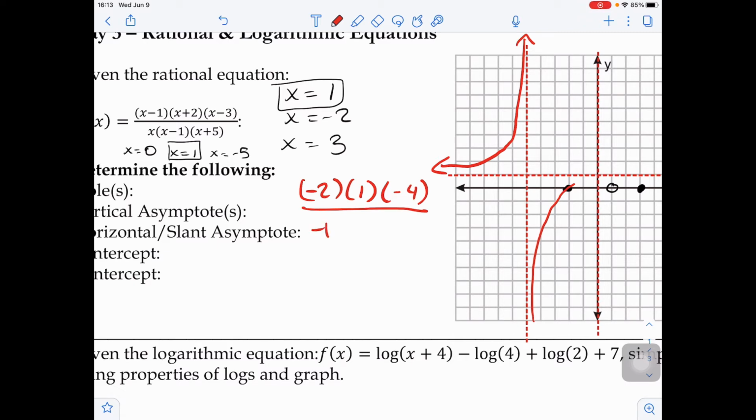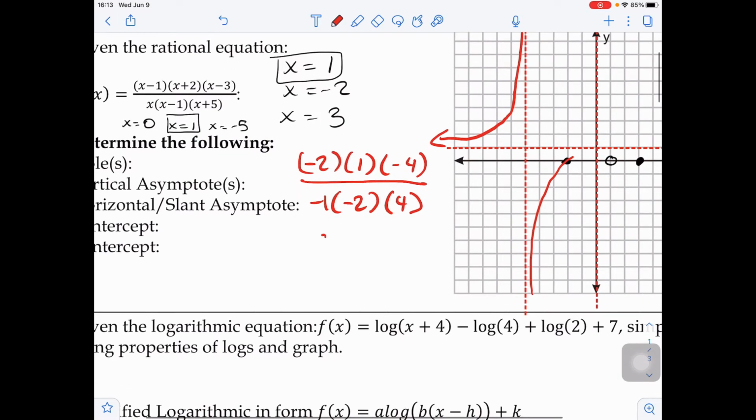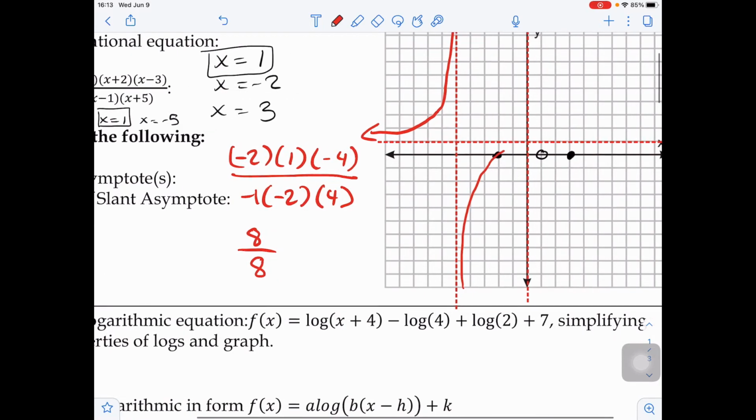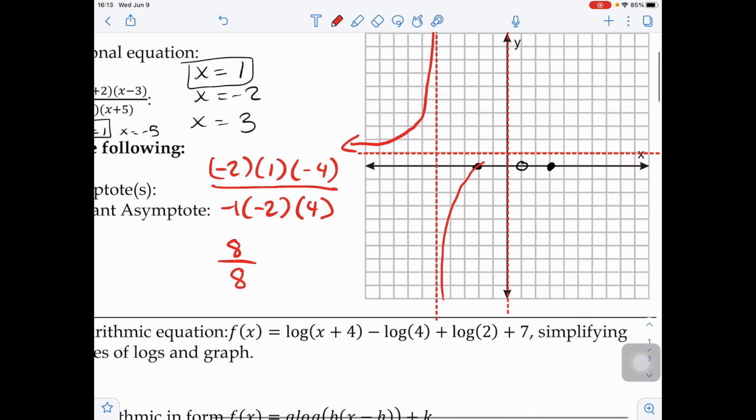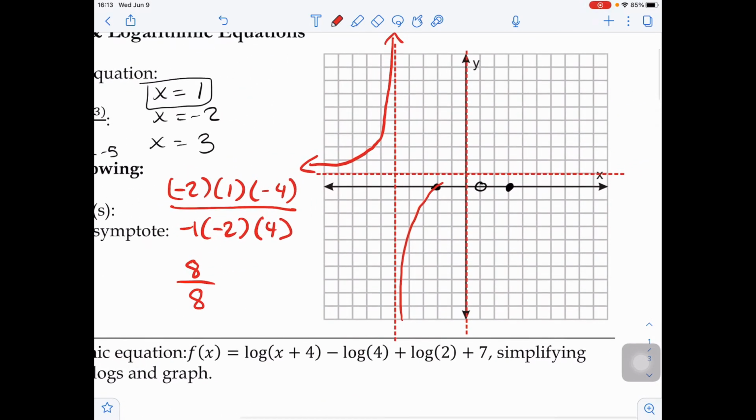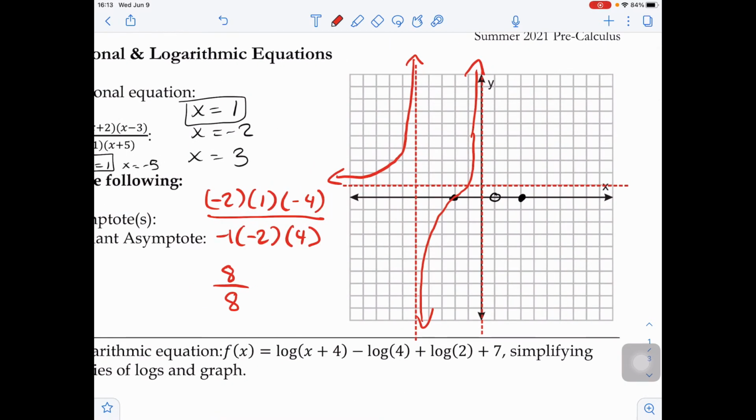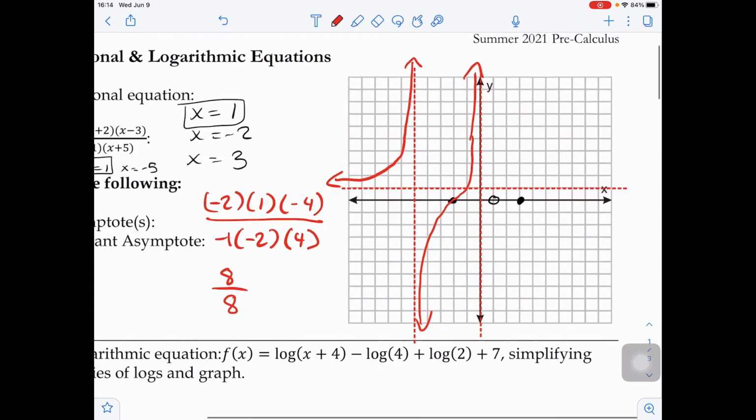And then you would have -1 times -2 times 4. That would end up being equal to 8 over 8. So that is just equal to exactly 1. So that means it appears that it would be going up like this.